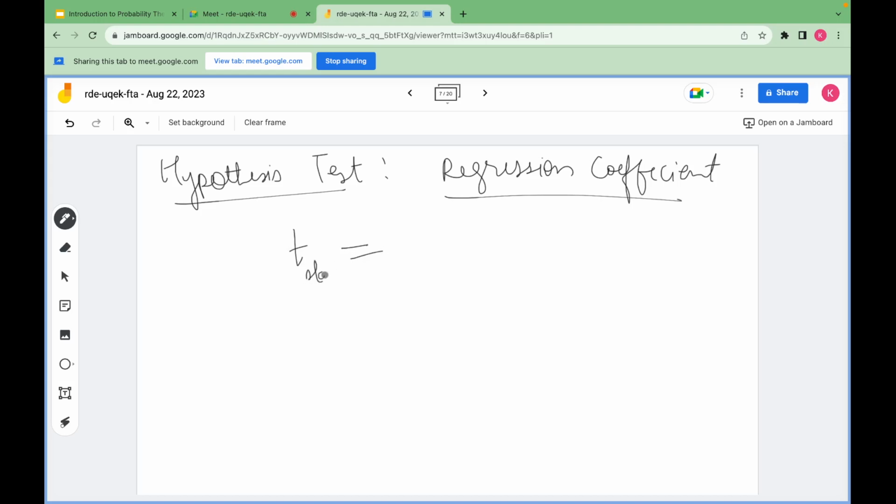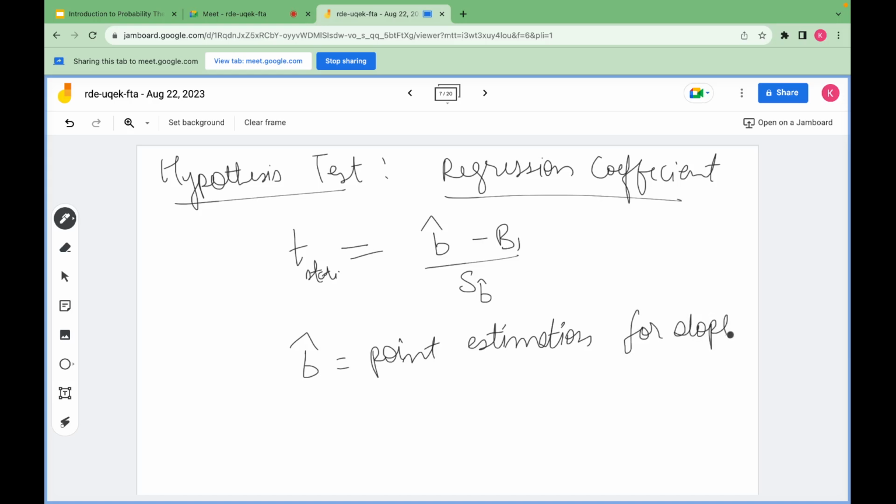Here this T statistic value will be B cap minus B1 upon SB cap. B cap is the point estimation for the slope of the regression line.